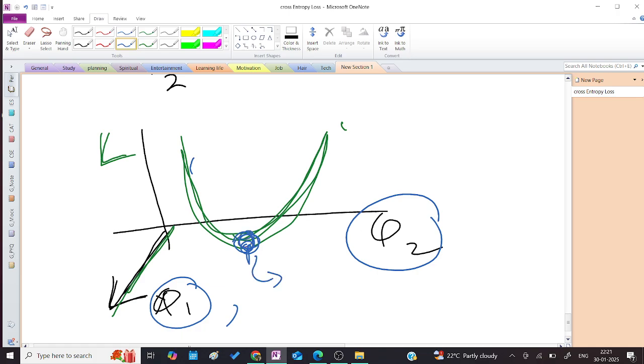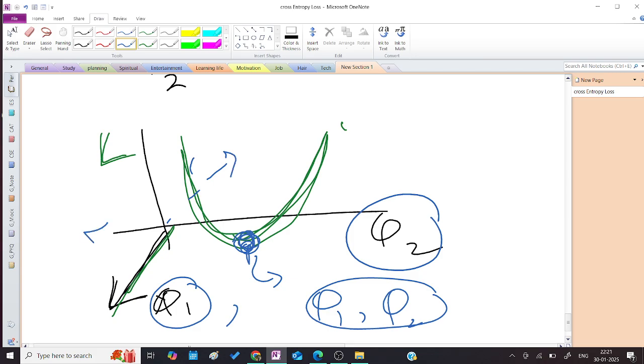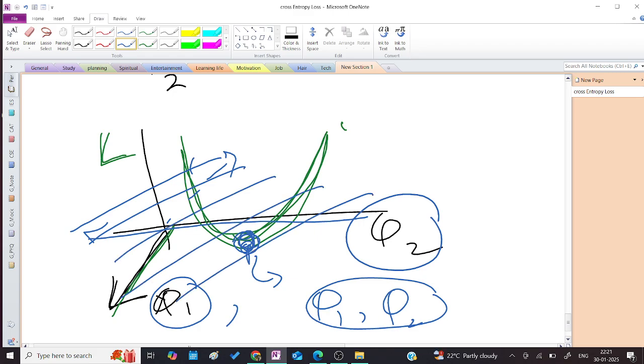Okay, so the parameter values phi 1 and phi 2 we will be changing, right? Suppose in this entire plane we will move in such a way that we reach this minimum loss point.